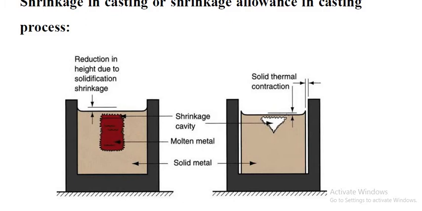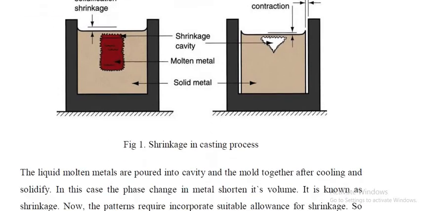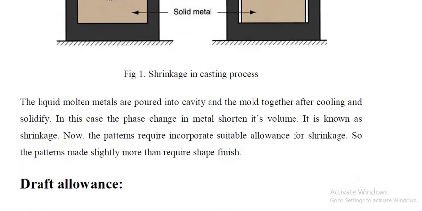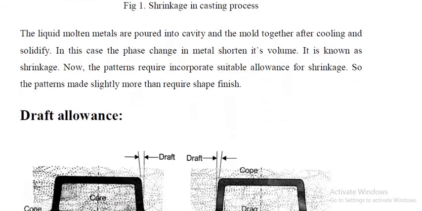To remove this, we generally give the allowance a little bit more. That is called the shrinkage allowance of the pattern. Here the volume also shortens. So this is the shrinkage volume. That's why patterns are made slightly larger than the required finished shape.